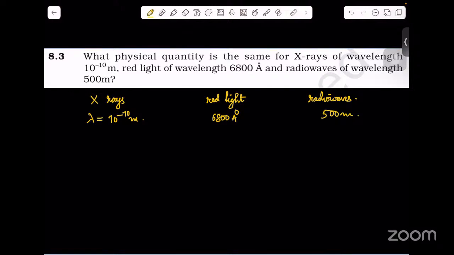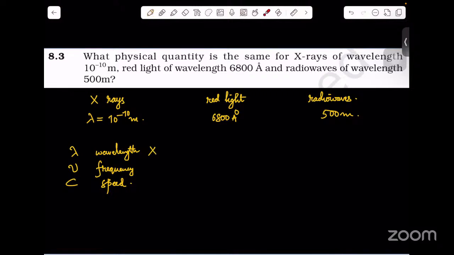For any electromagnetic wave, we talk about three things: the wavelength, the frequency, and the speed of light, or the speed of the wave. Let's compare now. We have already been given that the wavelengths are different, so this is not the answer.